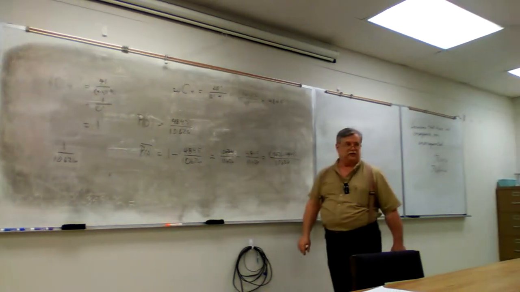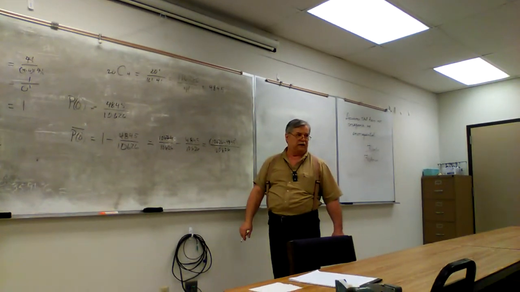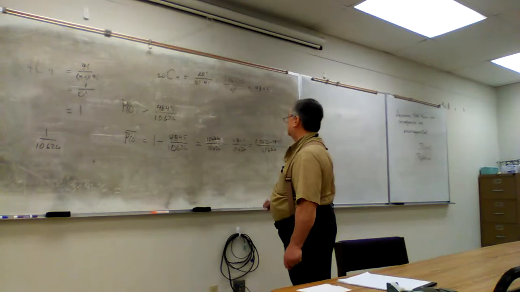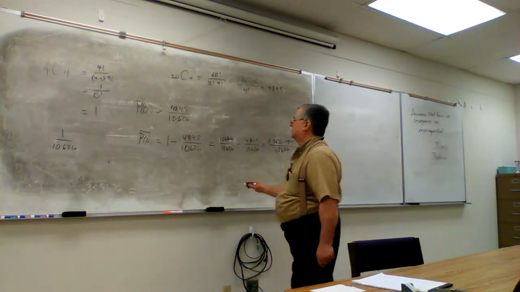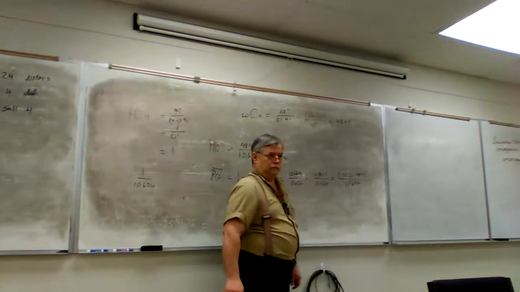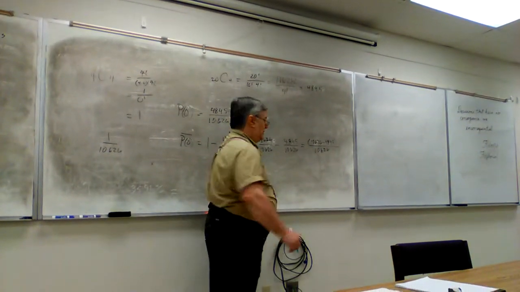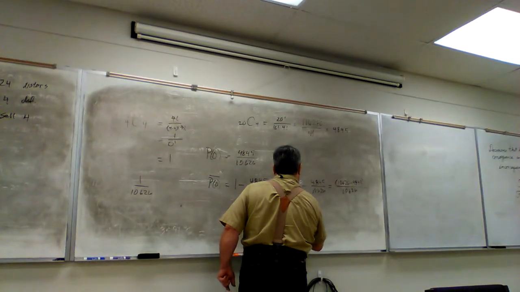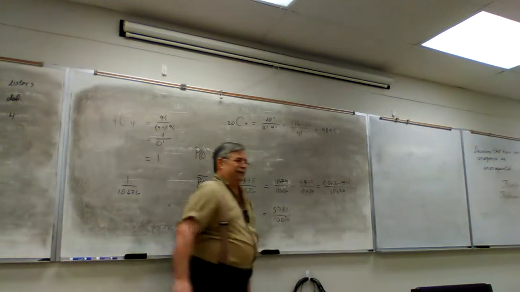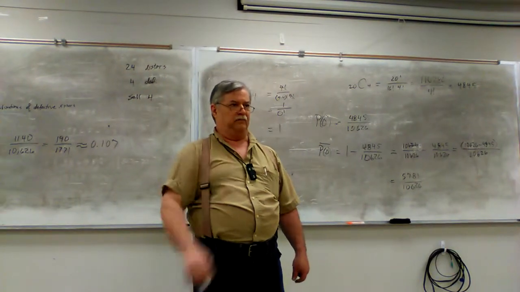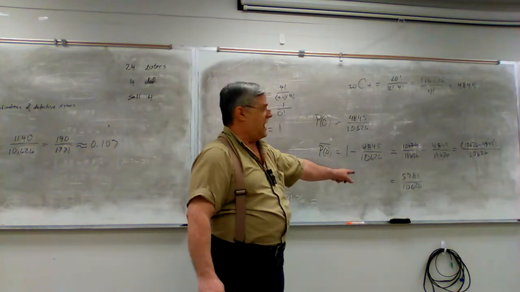What's 10,626 minus 4845? 5,781 out of 10,626 is the probability that you will sell them at least 1 defective transistor, over half the time.